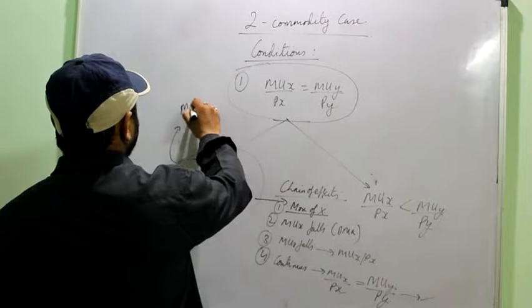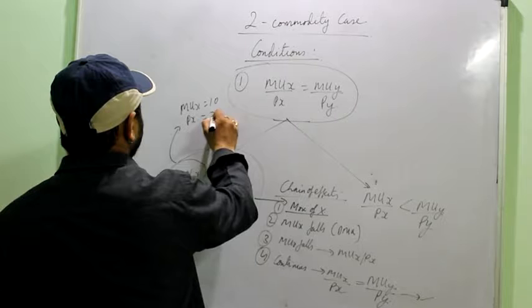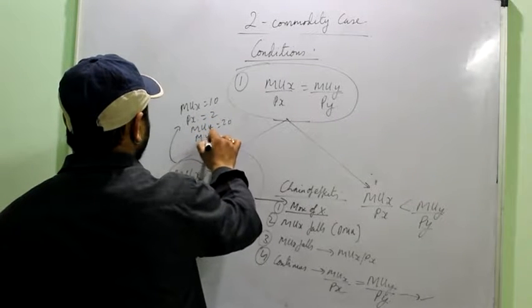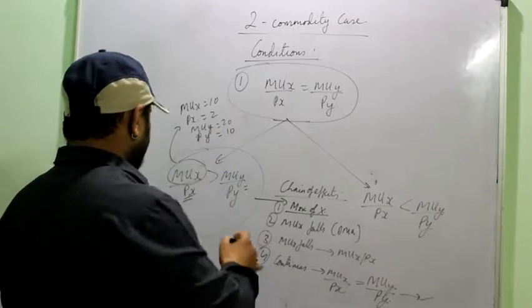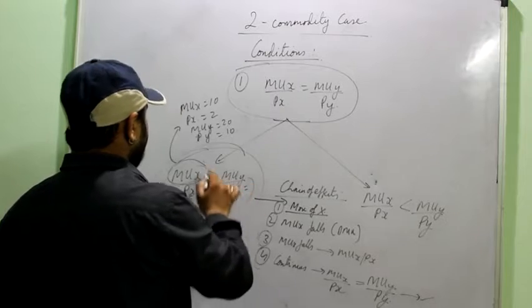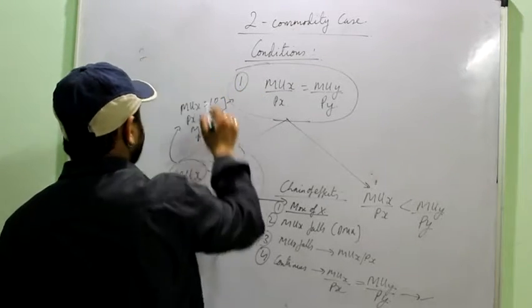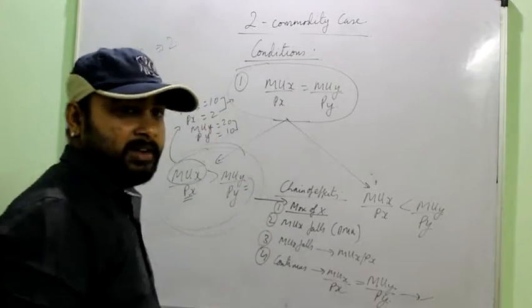Say mu(x) is 10 and px is 2, and mu(y) is 20 and py is 10. So you simply have to put in the values. 10 by 2 is equal to 2, and 20 by 10 is equal to 2. So they are equal, it means the consumer is in equilibrium.